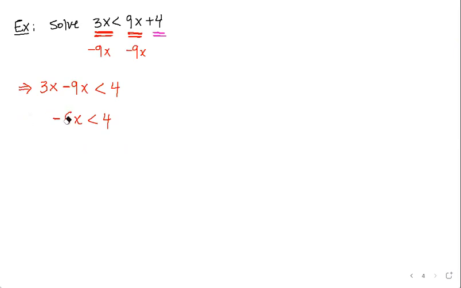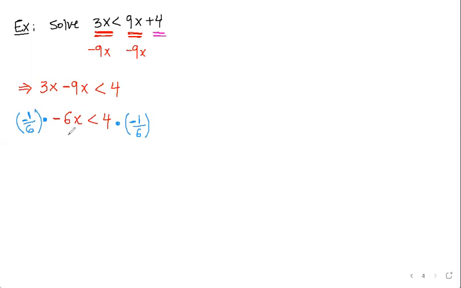The reciprocal of this one is negative 1 over 6. We multiply this side also by the reciprocal, negative 1 over 6. Or, like she said, we divide both sides by negative 6. This is true.